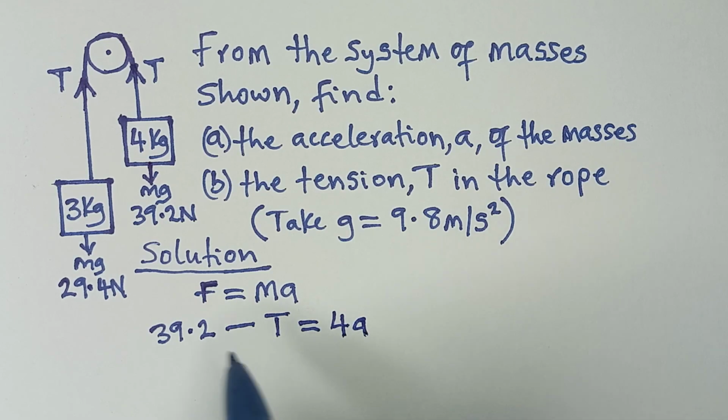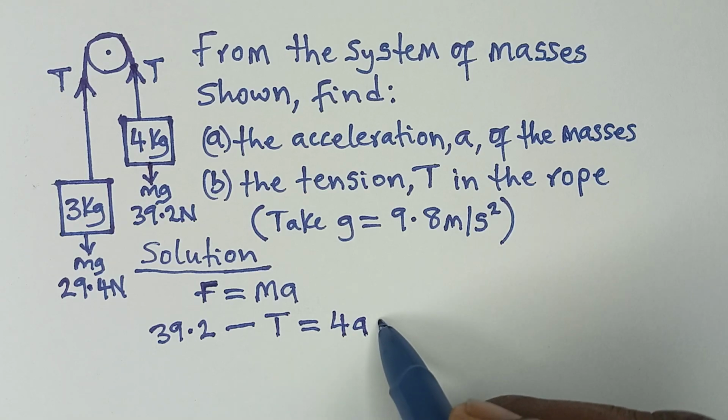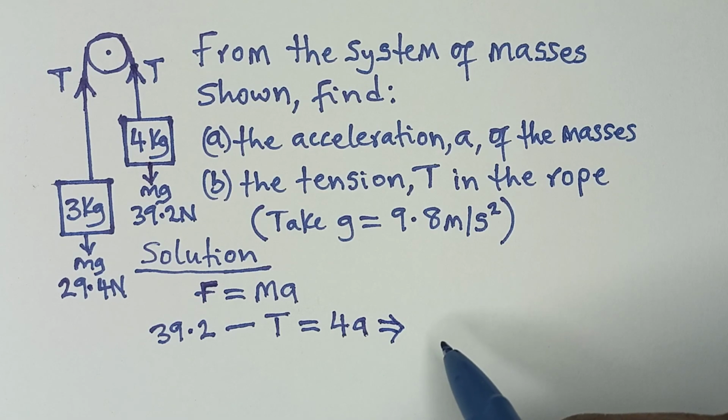So don't forget, 39.2 minus T is the resultant force downward, and that will be equal to the mass times acceleration of the object. So this is the first part. So we can simplify this further now by rearranging.